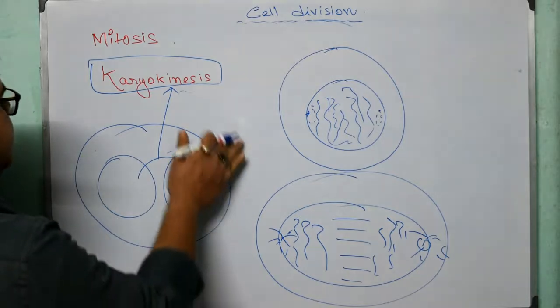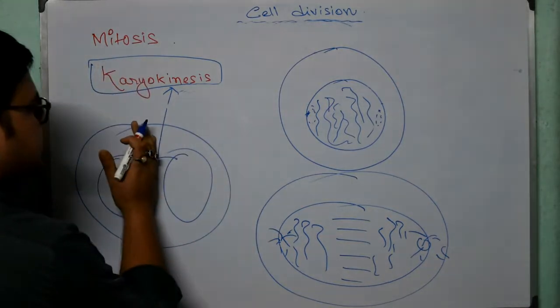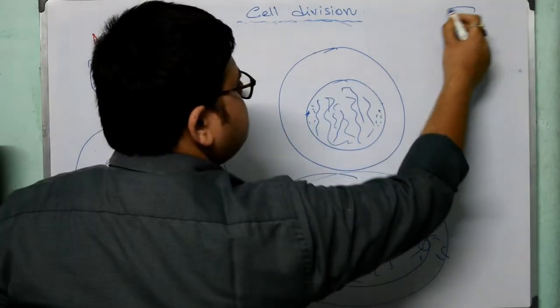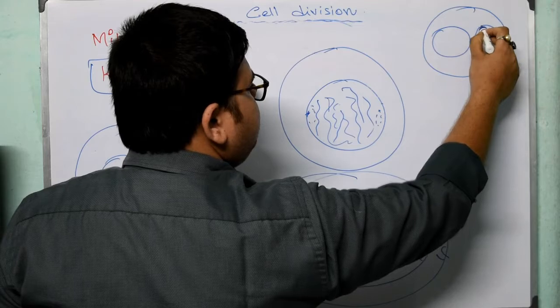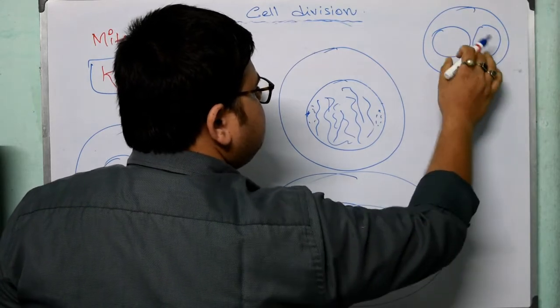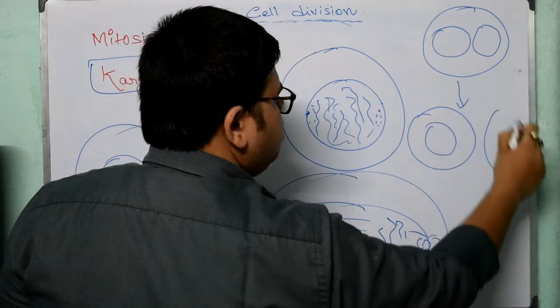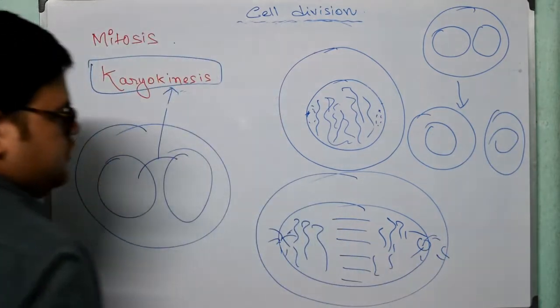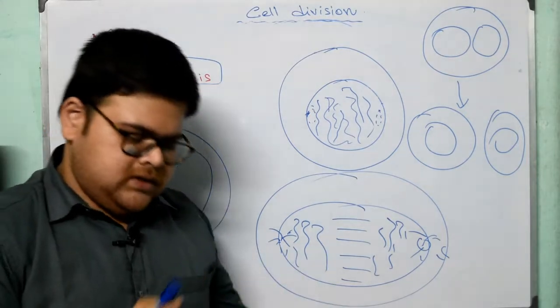Cytokinesis is when the cytoplasmic material also gets divided. So what will happen? See, suppose this is a cell, two nuclei have already formed here, and after that the cytoplasm will also get divided and two new cells will get formed. Okay, this is the basic concept of cell division.